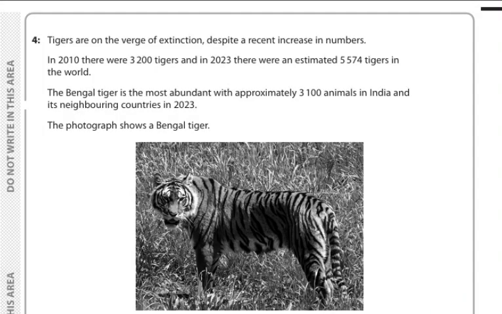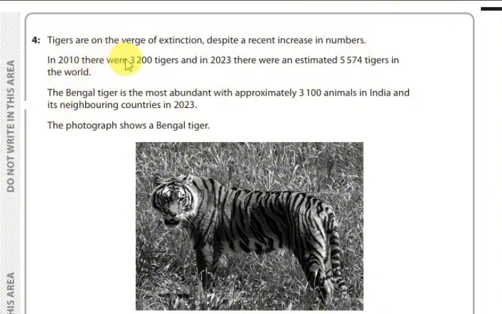Okay, so we were in question number 4 of unit 4, May, June 2025. Okay, so let's get started. Tigers on the verge of extinction despite a recent increase in number.